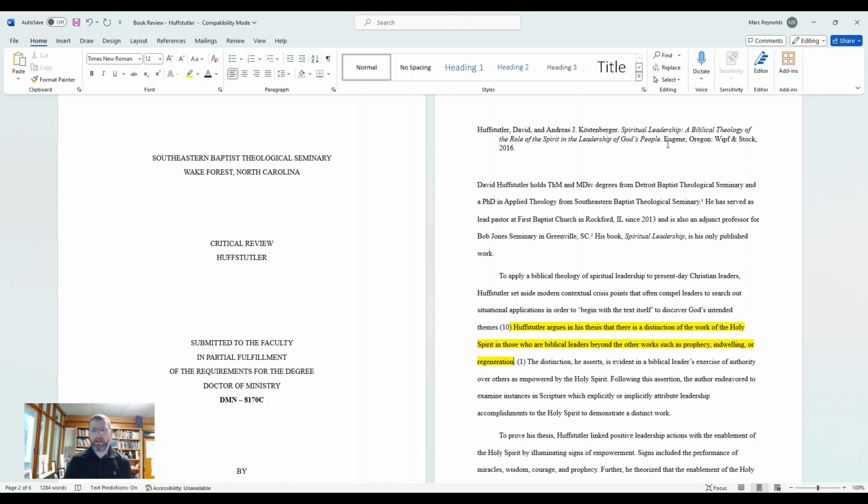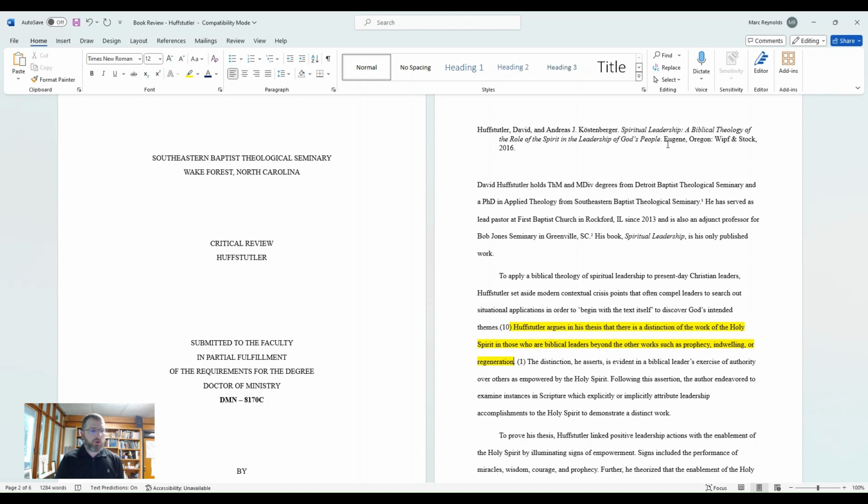You see the hanging indent, the formatting, the italicized title, so it's formatted exactly like it would be in the bibliography. This is what I'm expecting when you do your book review. You start out with the bibliographical information, just as it would be in your bibliography.